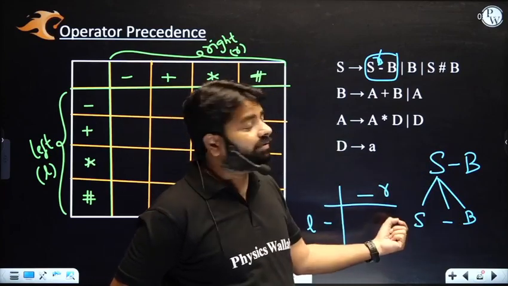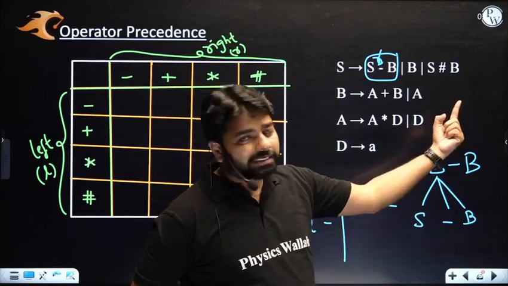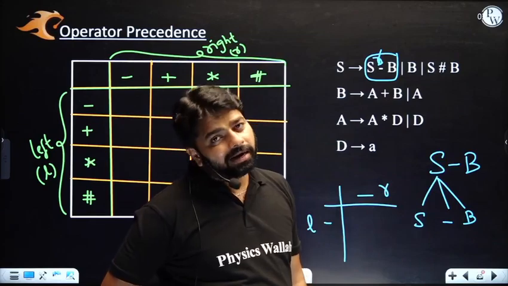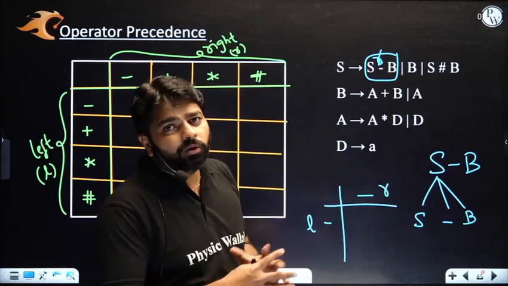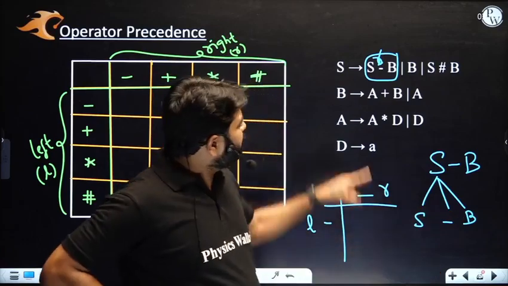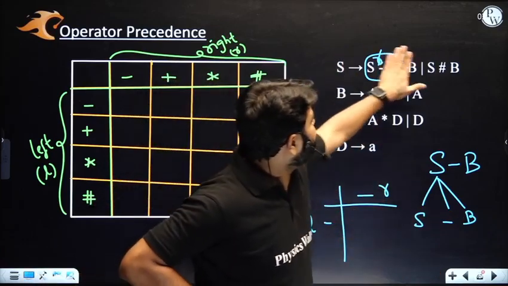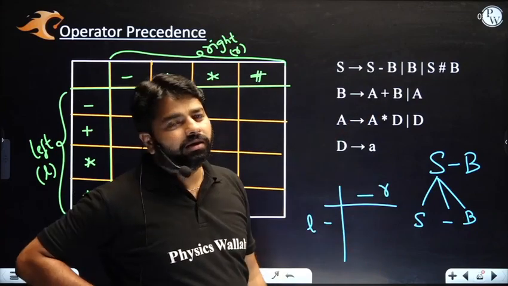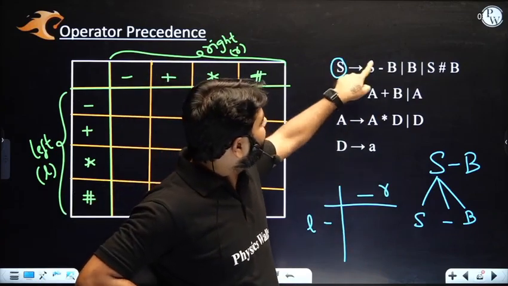Okay, this point is very important. See the order, what's happening. The left minus is having more precedence than the right minus. Sometimes without doing anything you can get the answer. Why? Actually S is following left recursion.